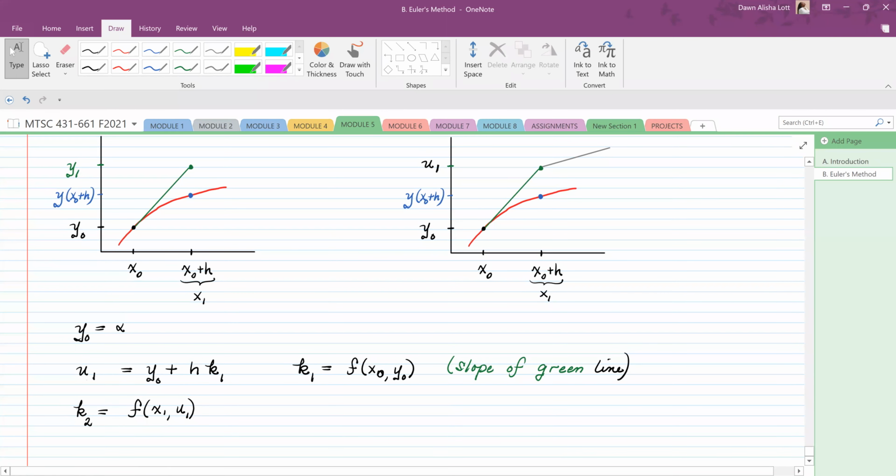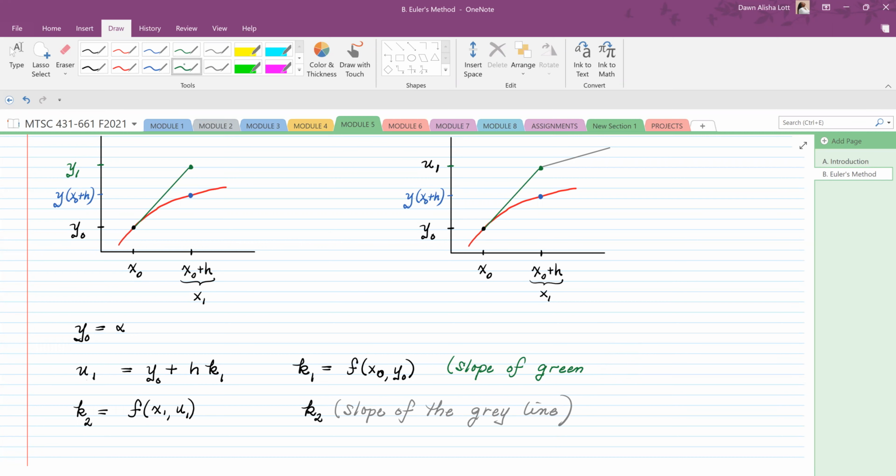So K2 is the slope of the gray line. Then I'm going to average the slopes.